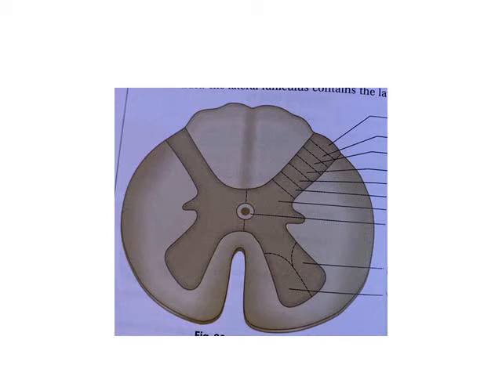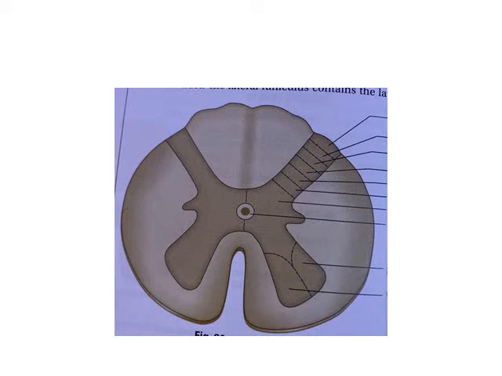Now, lamina 7 stretches between the anterior and the posterior horn. Laminae 8 and 9 constitute the anterior horn.